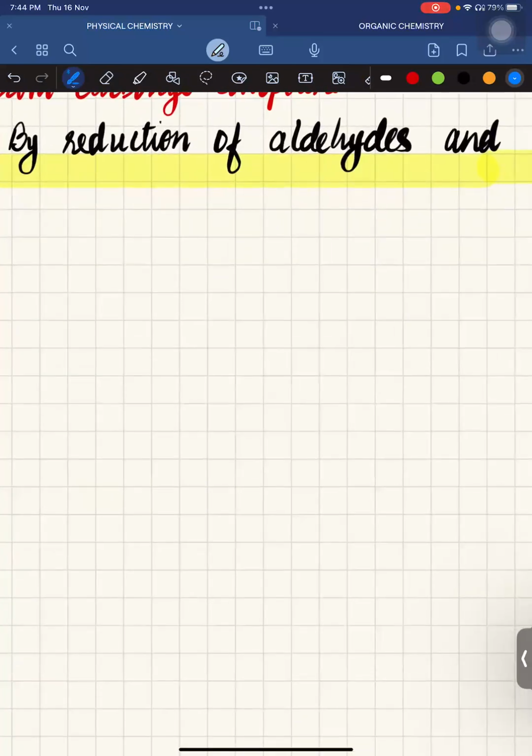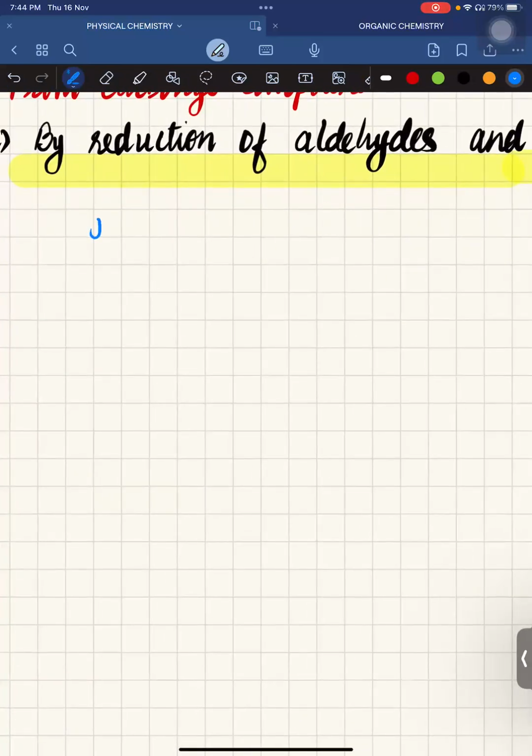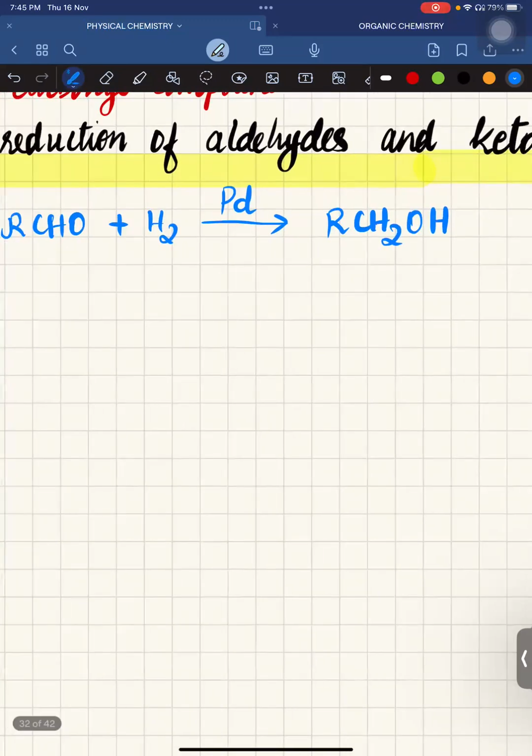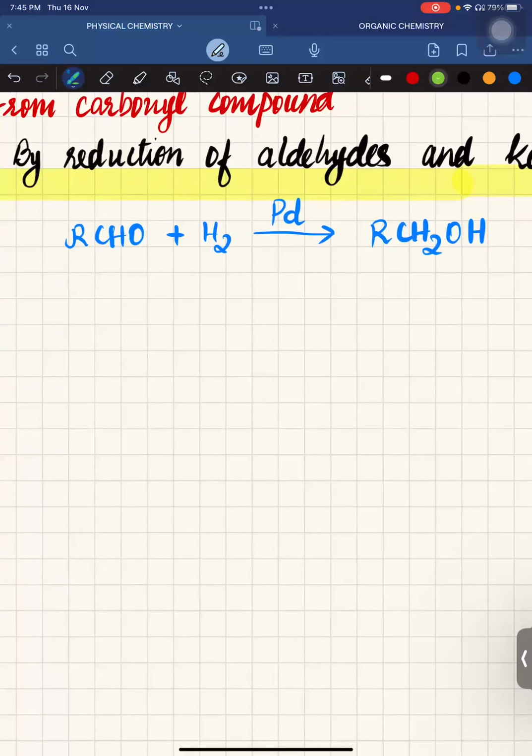So here what I'm going to do, aldehyde is there, RCHO, and you are going to react this with H2 in the presence of palladium. So this will be reduced directly into 1 degree alcohol, RCH2OH. If you remember, I explained it in this way, R-C double bond O is there. When it is going to react with this, what will happen? This bond will be broken.